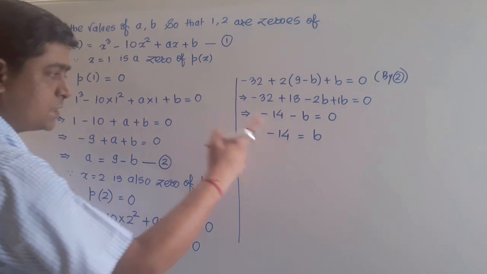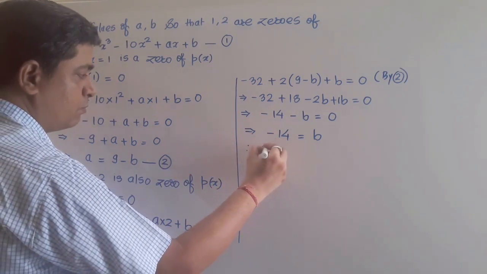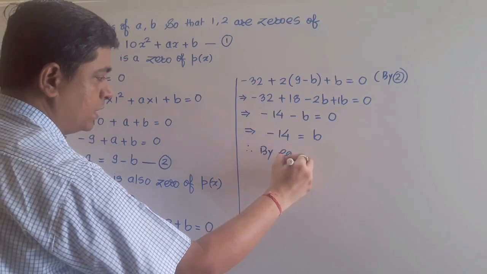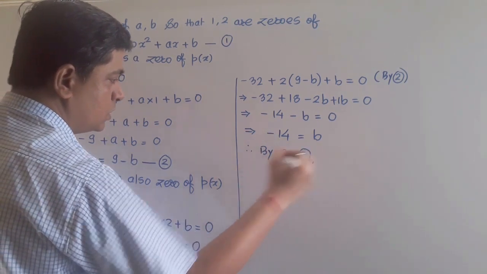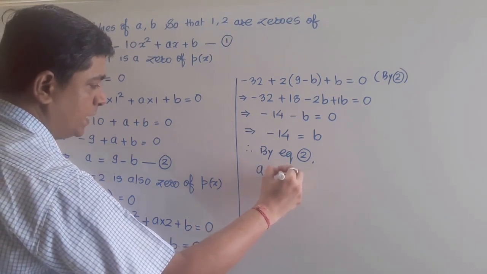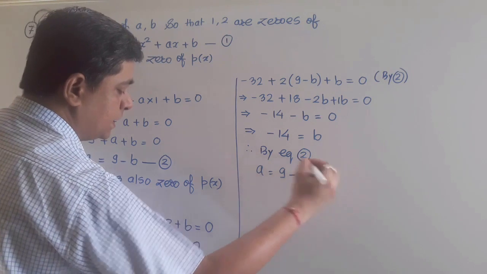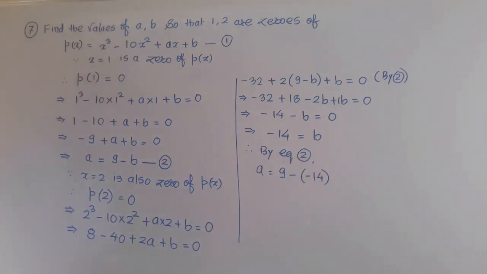Okay. Now this value I am keeping in the second equation. So therefore by equation number 2, what is equation number 2? a is equal to 9 minus b. So the value of b I kept here, minus 14. Right?